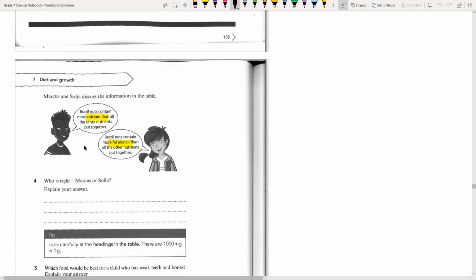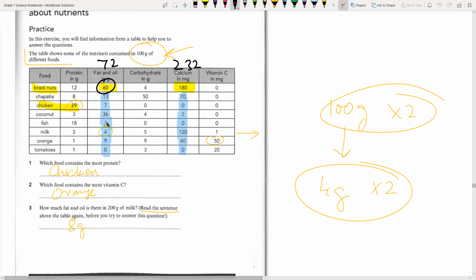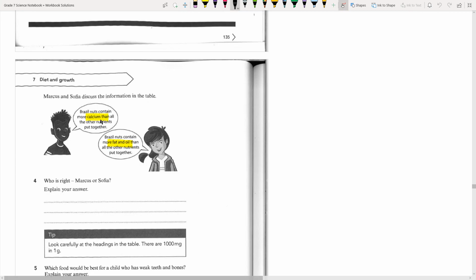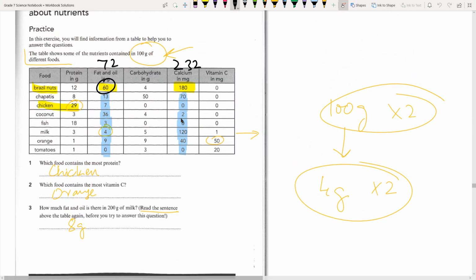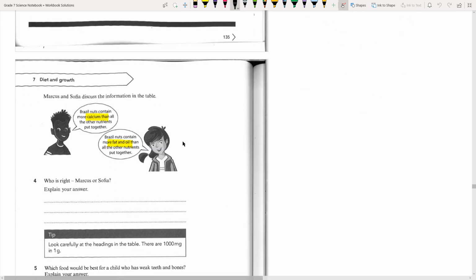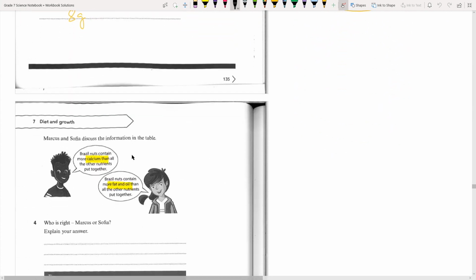Technically speaking, if you add these up, I'll redo the numbers in case I got something wrong: plus 7 plus 36 plus 3 plus 4 plus 9, yeah, 72. So more calcium than all other nutrients put together? No, that's not. And contains more fat and oil than other, that's not either.